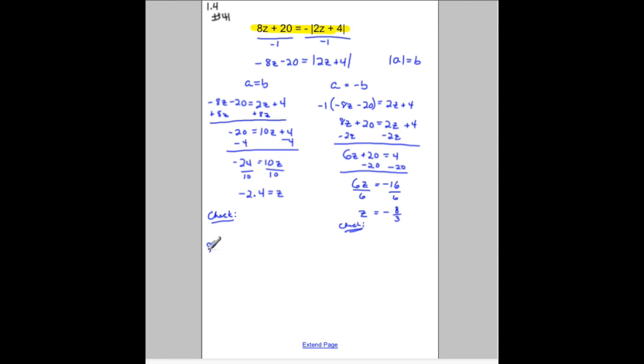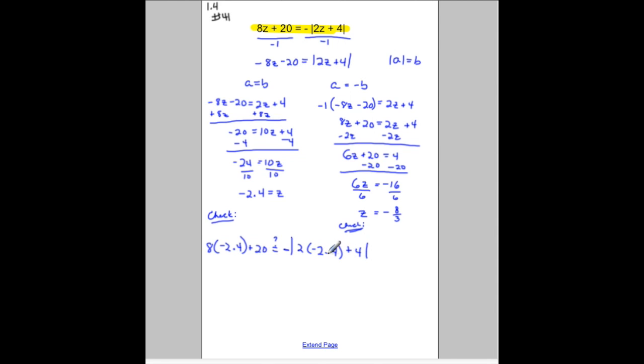So I've got 8 times -2.4 plus 20 may or may not be equal to negative absolute value of 2 times -2.4 plus 4. Okay, so I'm going to start inside the parentheses over here.